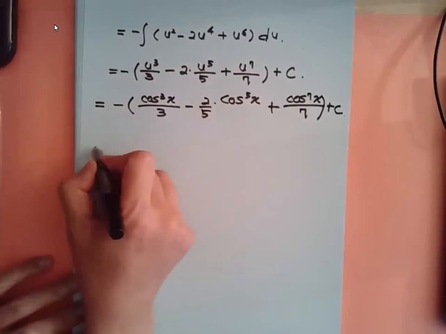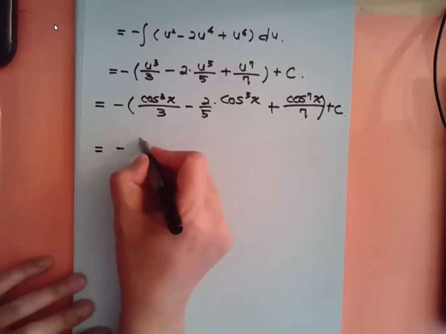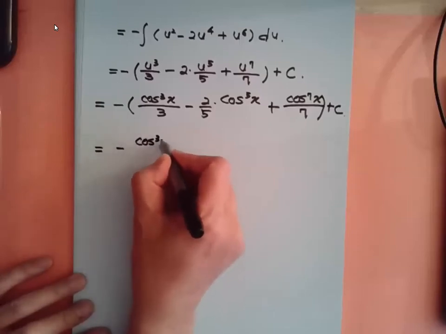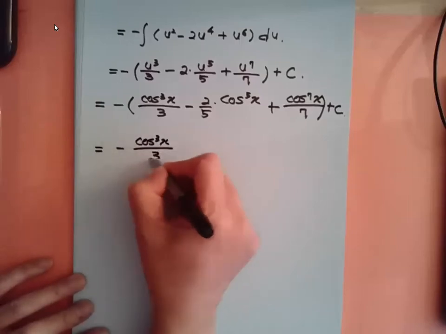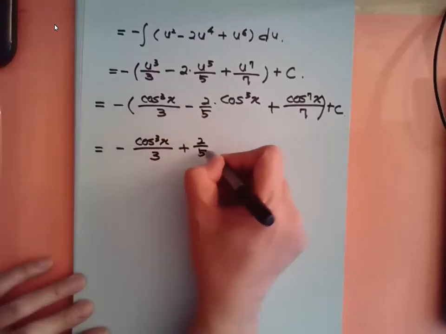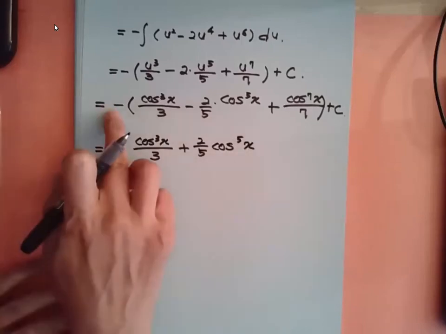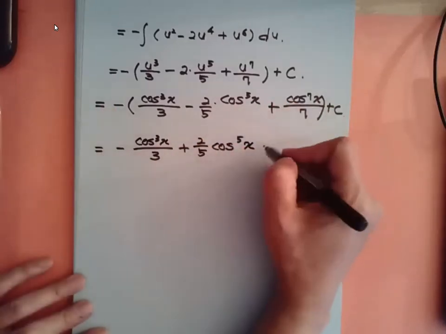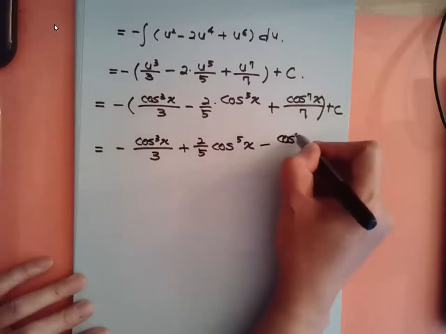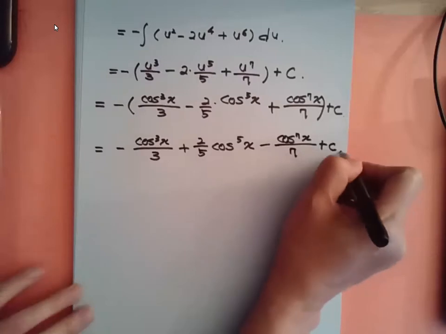We don't like a parenthesis, so we put minus cosine cubed x over 3, minus will make plus 2 over 5 cosine 5th power x, plus times minus will make minus cosine to the 7th power x over 7, plus c.